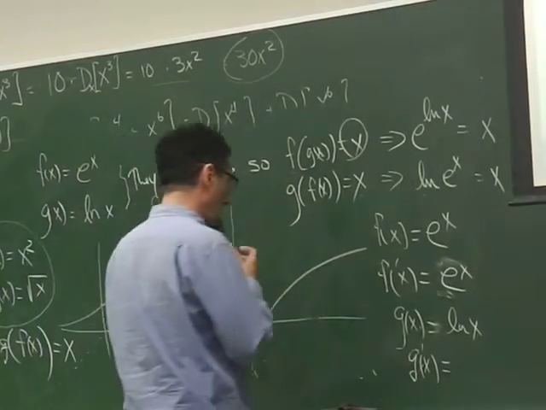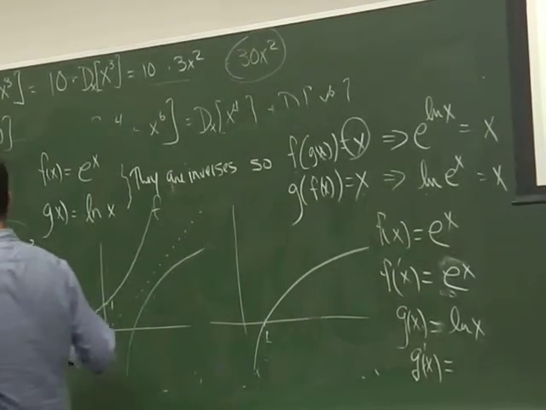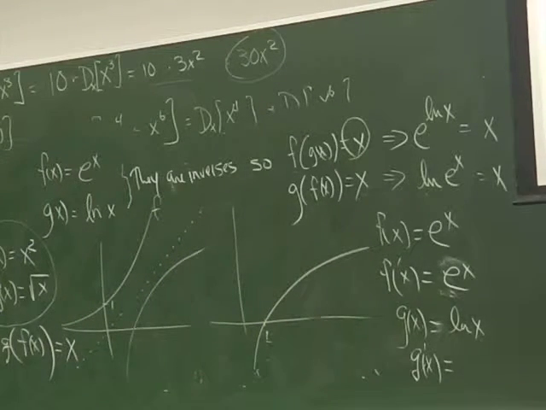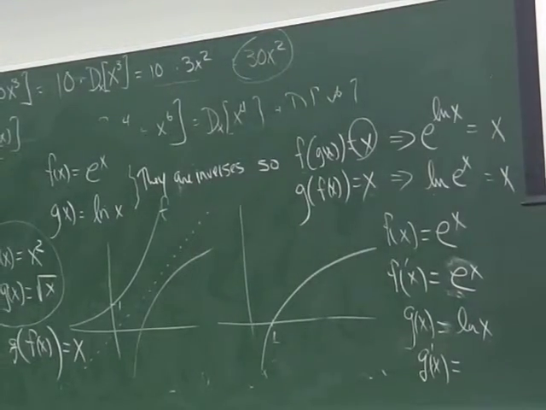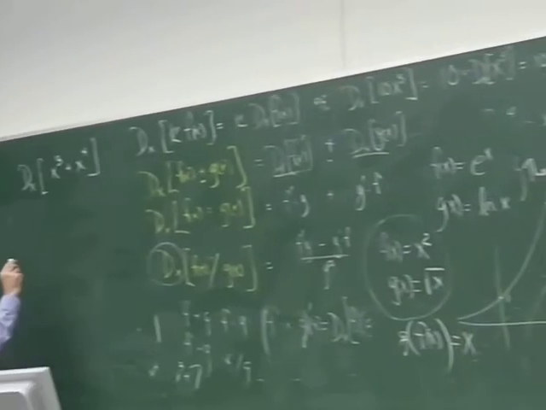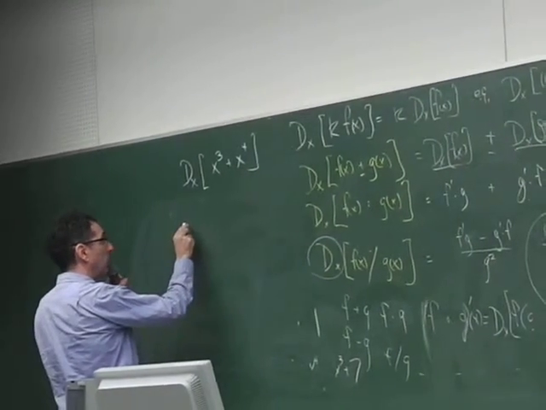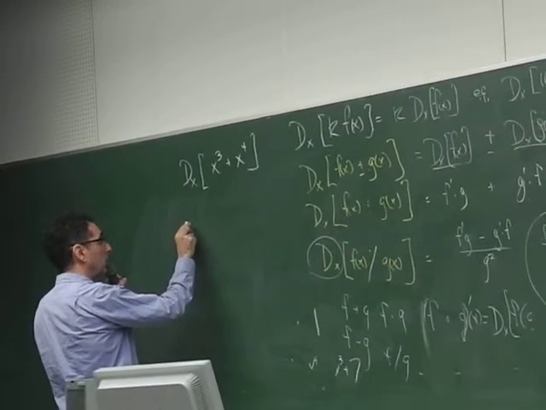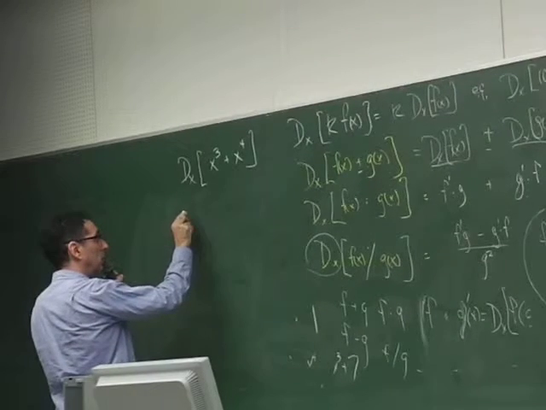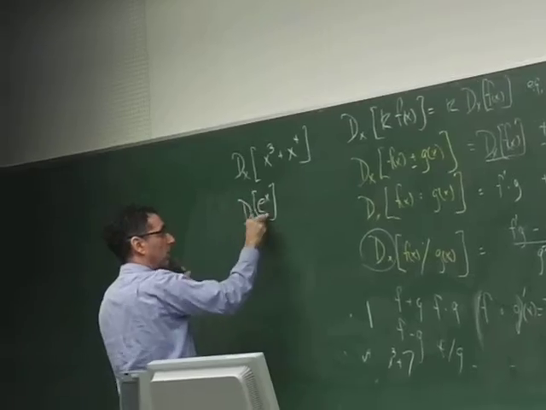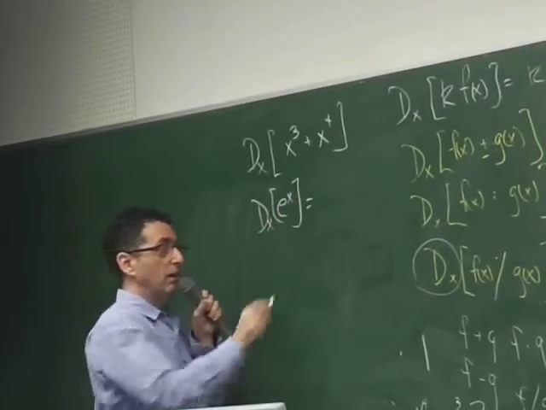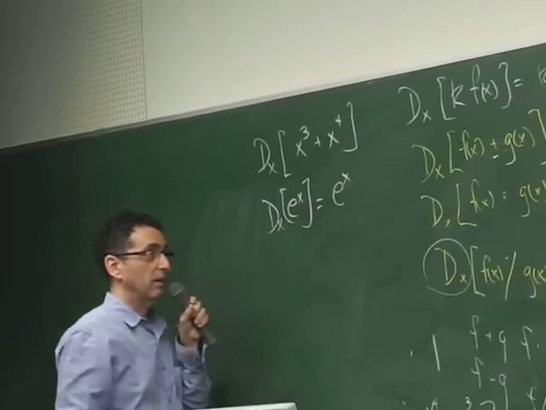Now let's see if I can prove or get the answer for the other one. First of all, let's write that the derivative of e to the x is e to the x. Okay, let's just write that as a fact.